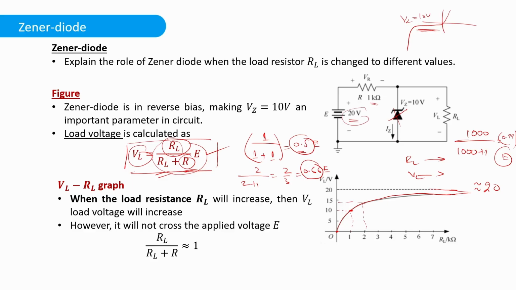Now, what happens when this threshold voltage of diode is crossed? Vz is 10 volts. So that is our graph over here, right? What will happen in that situation is we will discuss in the next slide.